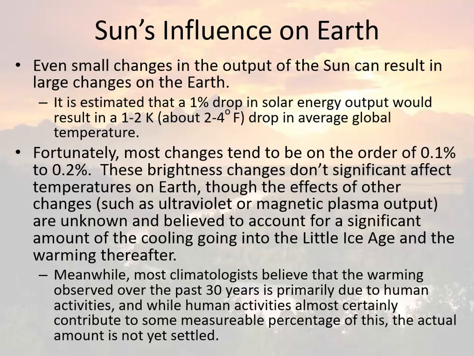This is a period of very prolonged lack of solar activity, and this played a major role in the climate during the Middle Ages. But I will mention that most climatologists believe that the warming that's occurred over the past 30 years is primarily due to human activities, not due to natural events such as increased solar activity and that sort of thing.